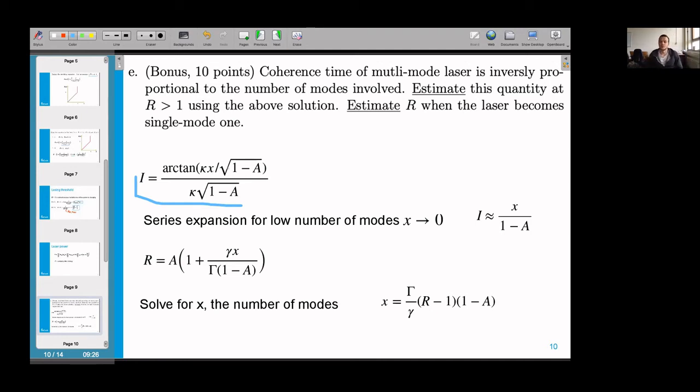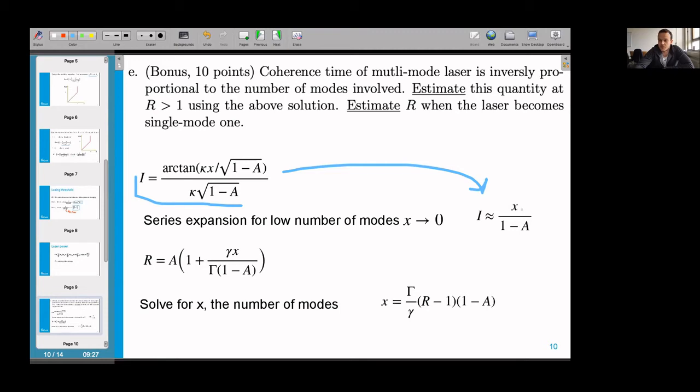What we need to do in order to estimate when the laser becomes single mode is, instead of taking the limit where x goes to infinity, to take the low number of modes limit, which is x goes to 0. And in this case, the following expression will be approximately equal to this.